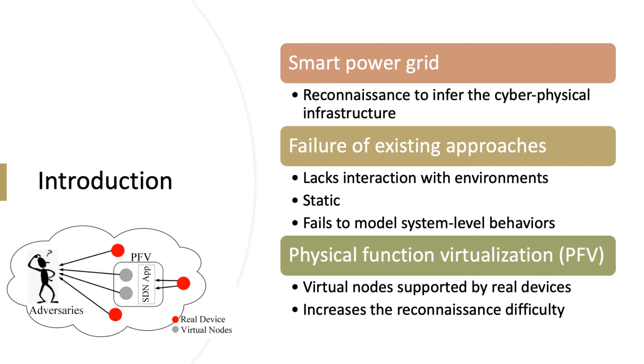And what Dataset proposes is this thing called physical function virtualization. What this does is that it will add some virtual nodes in the network that will simulate the behavior of real devices. They do this to increase the reconnaissance difficulty on the attacker's part. And those virtual nodes are backed by real devices to make it look more realistic.